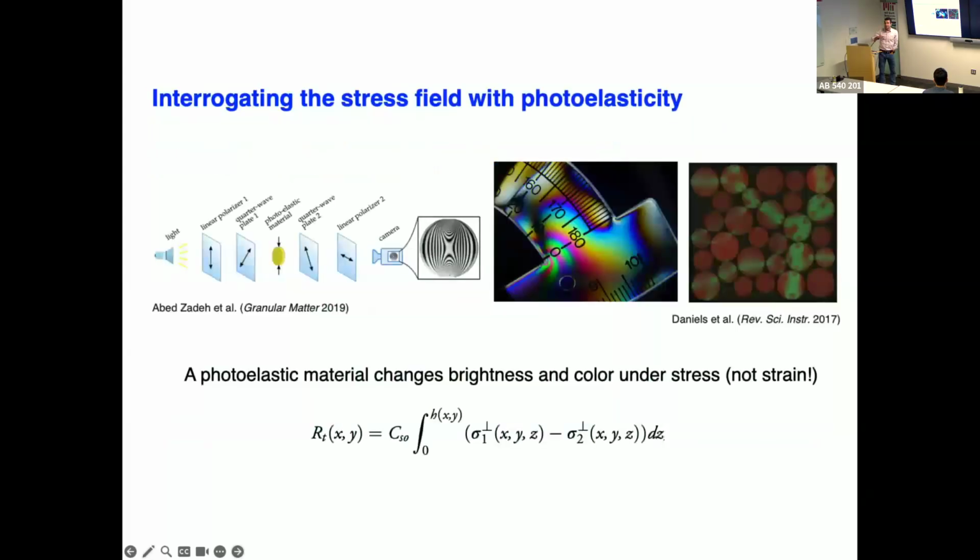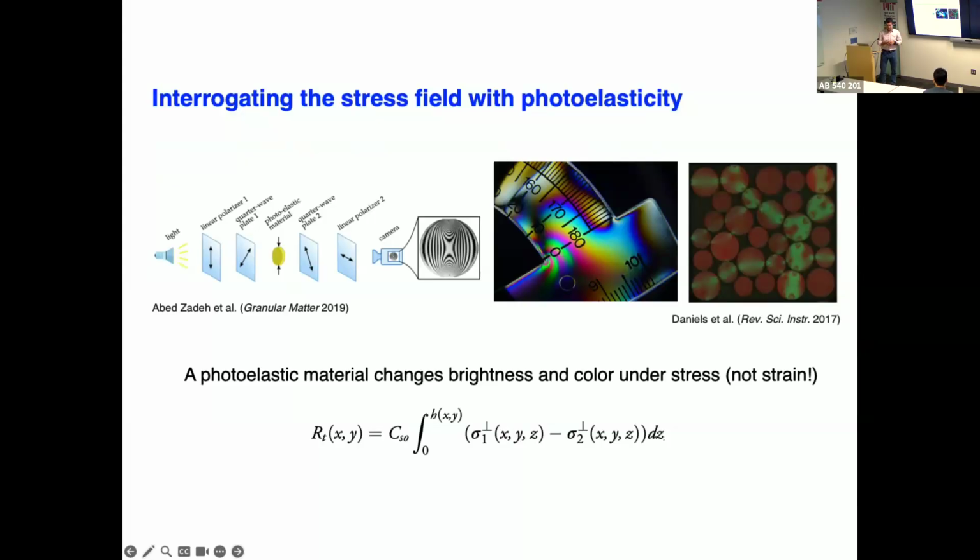So when we are interested in this interaction between pore fluid and the skeleton of the porous medium, especially if you think of a granular material, the idea is to use photoelasticity. Photoelasticity has been used very successfully as a technique to interrogate the stress of a solid. Right?